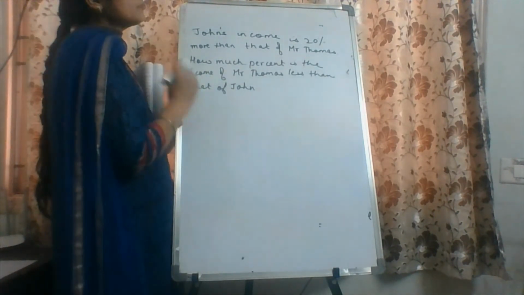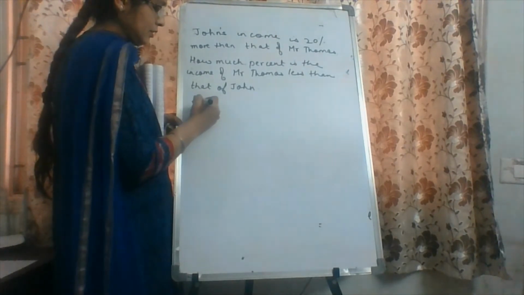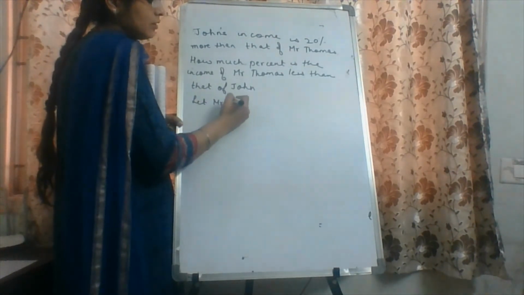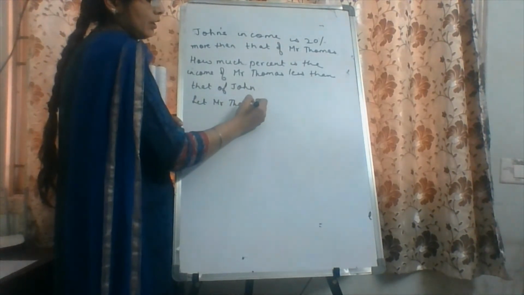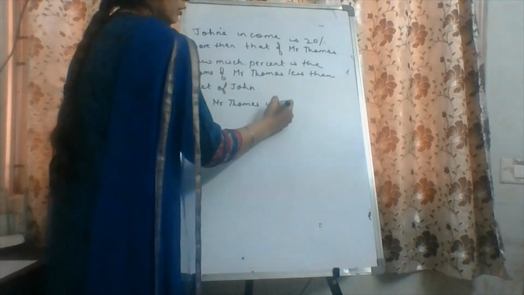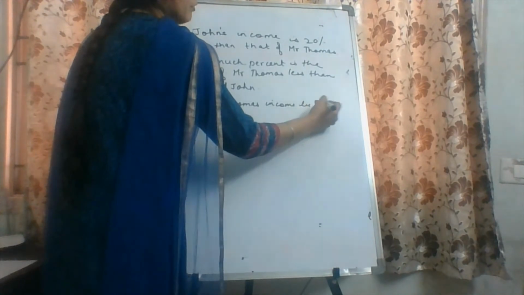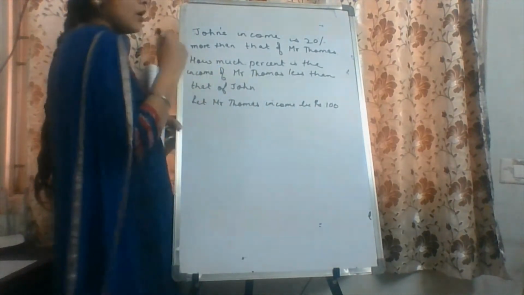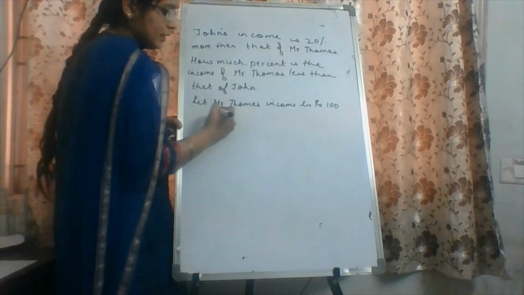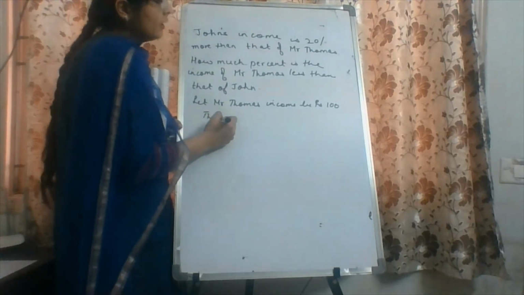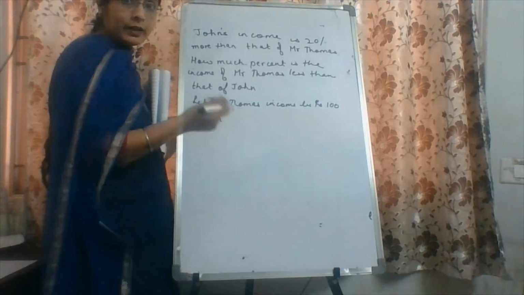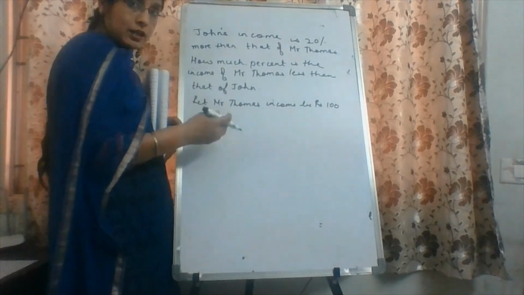John's income is 20% more than that of Mr. Thomas. Let Mr. Thomas' income be rupees 100. Then John's income is 120, since 20% of 100 is 20 rupees.